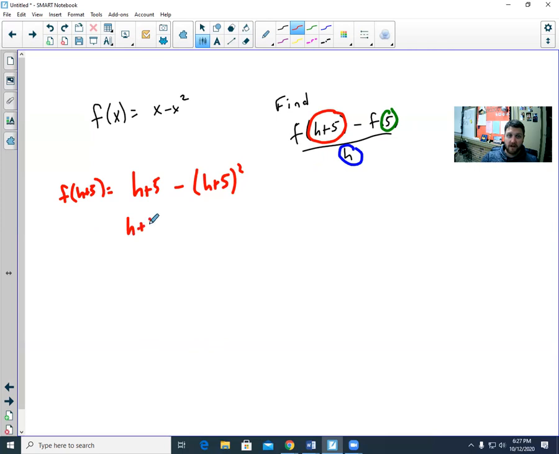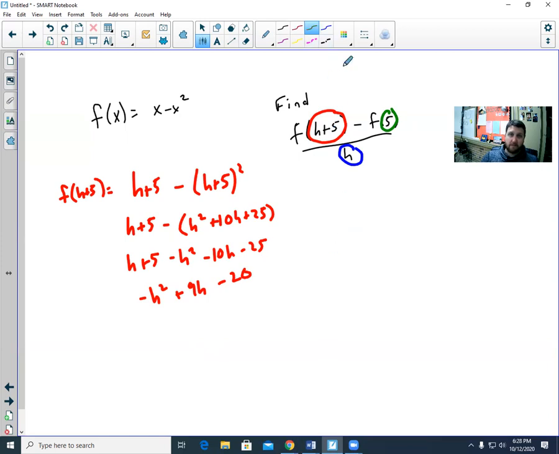So this is really saying h plus 5 minus h squared plus 10h plus 25. Now I distribute the negative all the way through, so I have h plus 5 minus h squared minus 10h minus 25. So it's going to be negative h squared minus 9h minus 20. That's what f of h plus 5 is going to be.